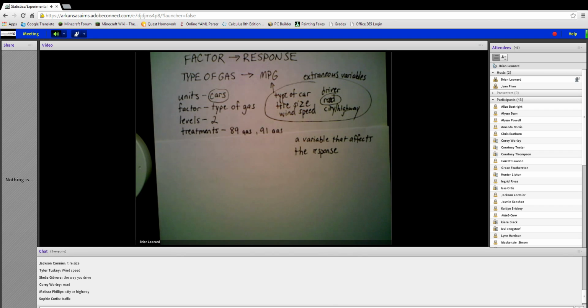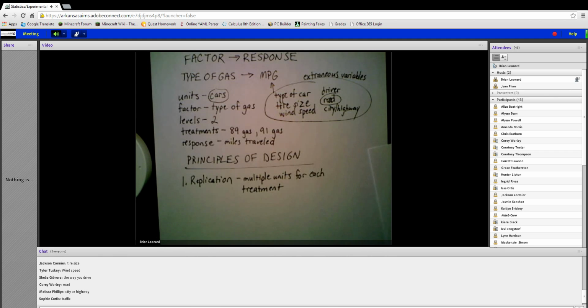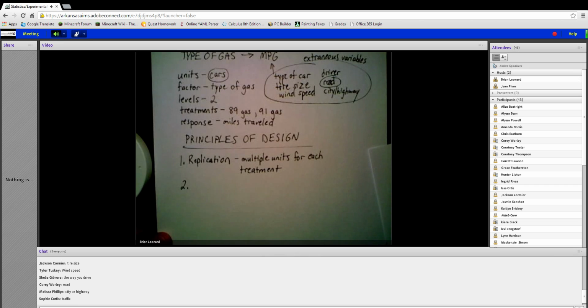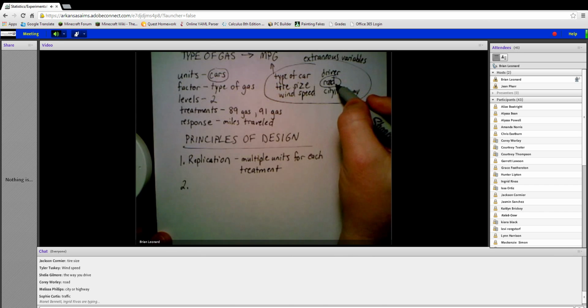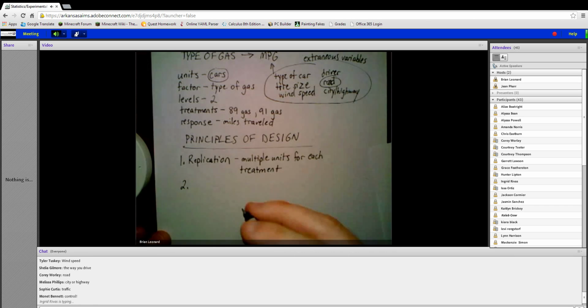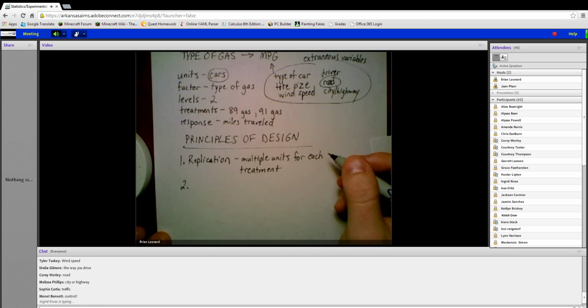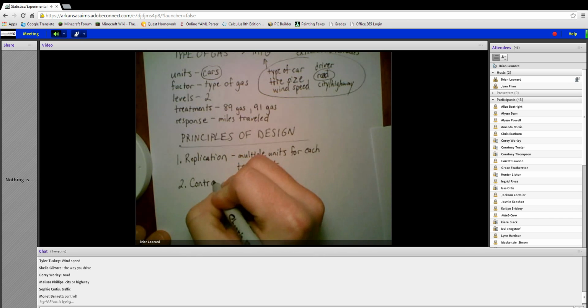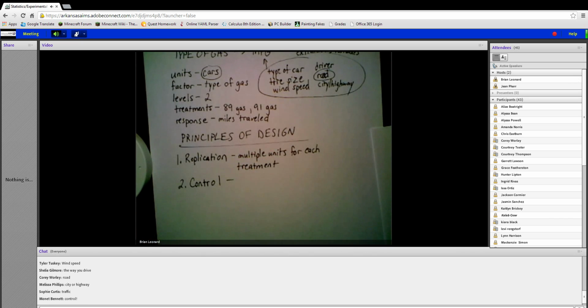So what have I just done in that experiment? Well, it's the second principle of design. Taking one of these variables and modifying our experiment to account for those is what we call, Monet, love you, look at that, control. It's called control, folks, right?